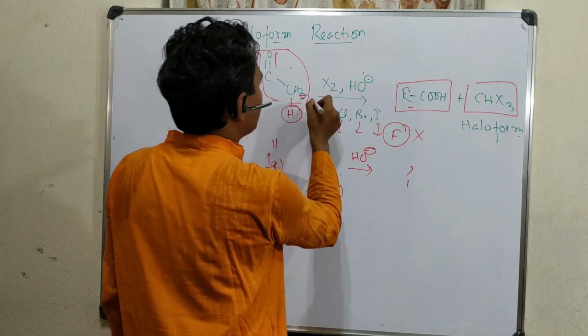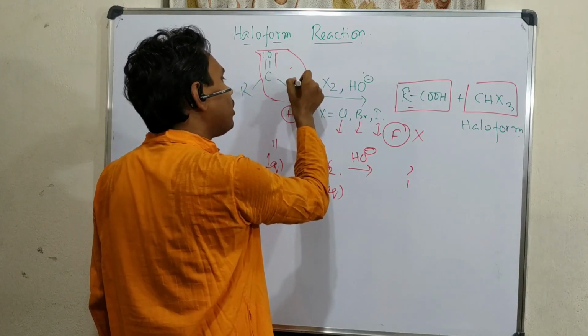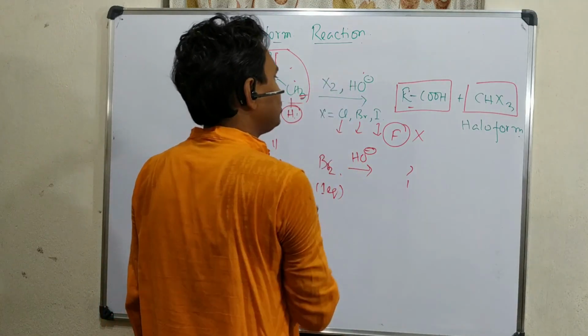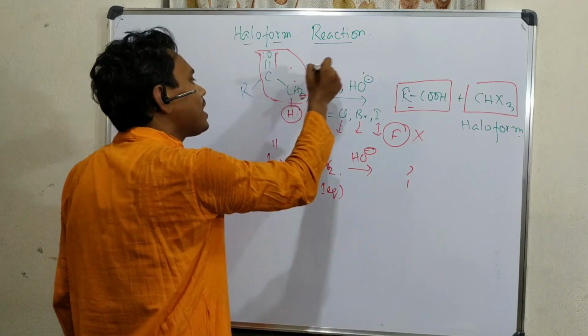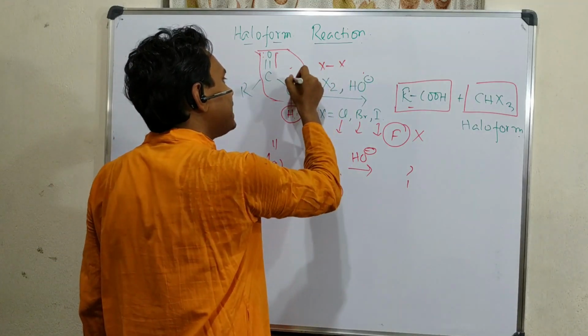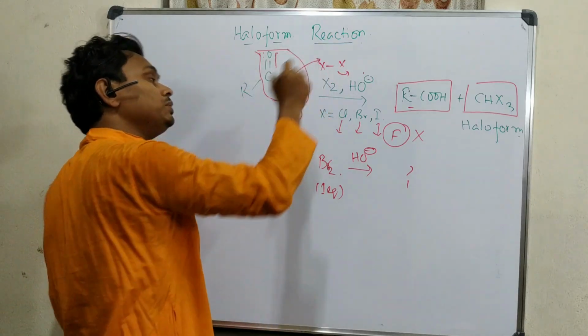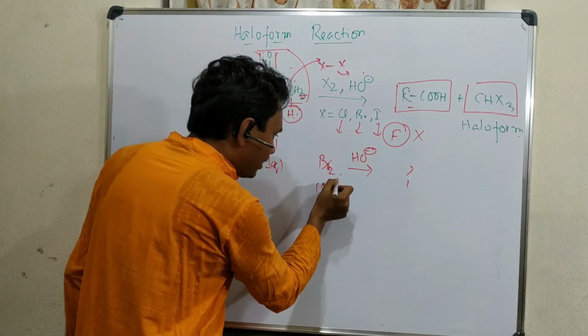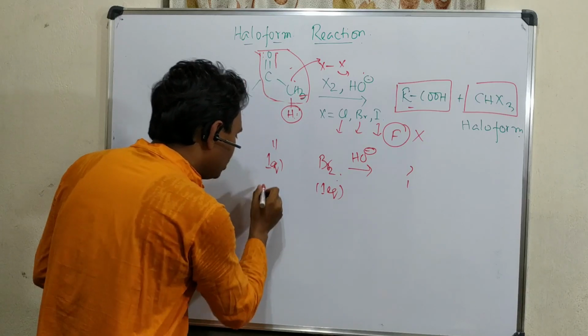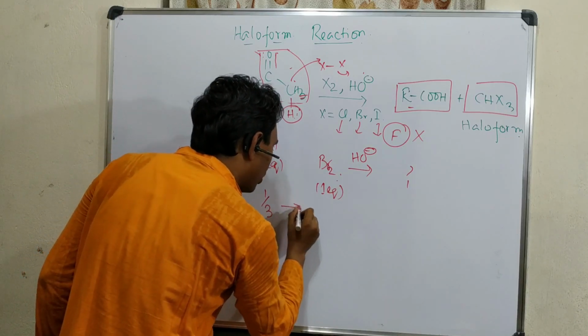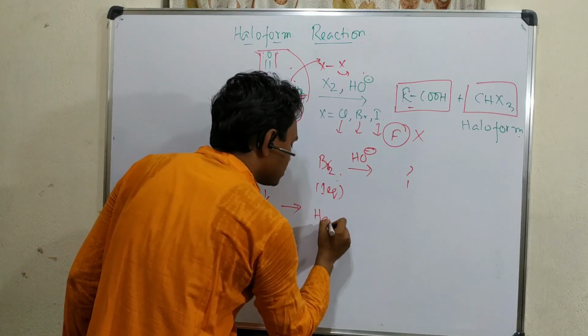How? Because we know that one molecule of this ketone needs 3 molecules of halogen. One halogen X2 will be attached to this, and another will leave as an anion. So 3 mole needed. So for 1 mole of bromine, 1/3 mole of this haloform will be produced.